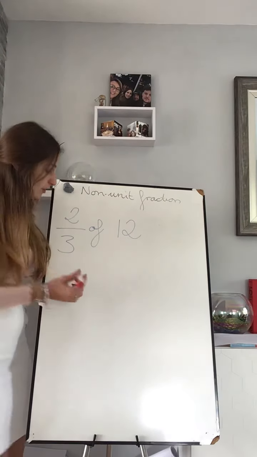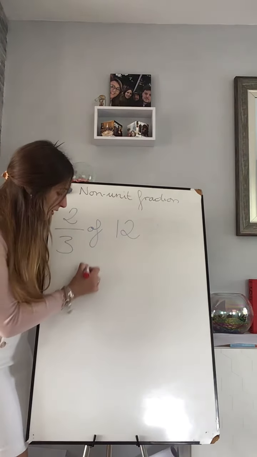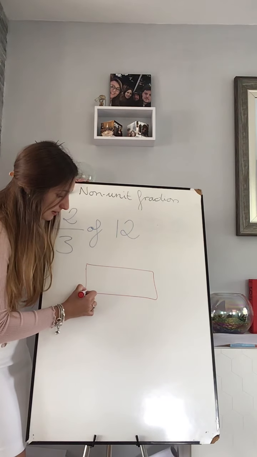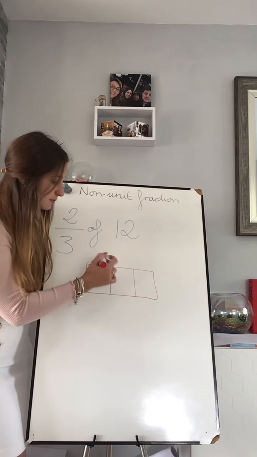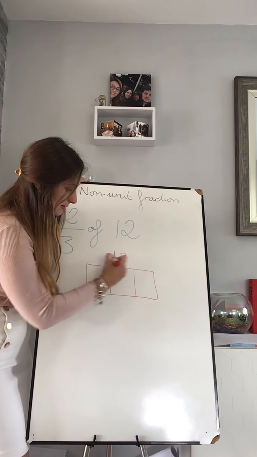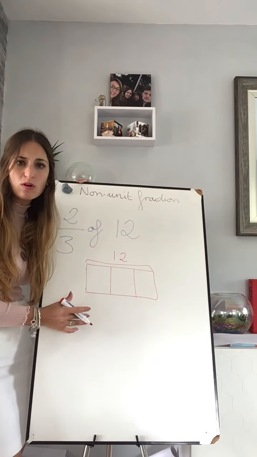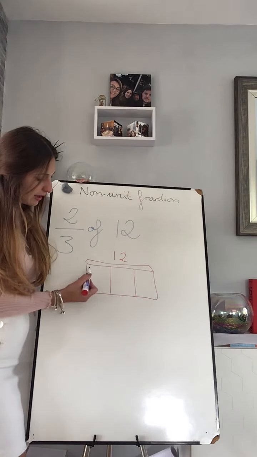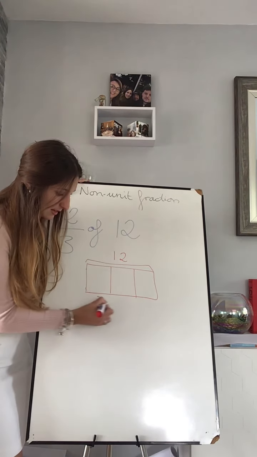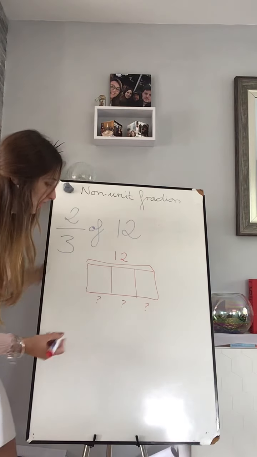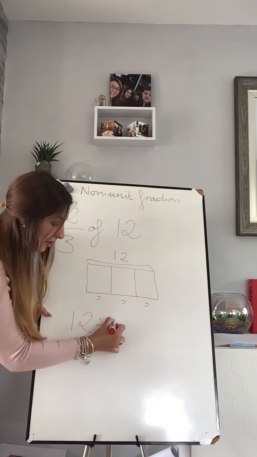Right, so I know that I'm saying 2/3, but what I really know is that I have split a group into 3. I split 12 in this case. I had 12 and I have split it into 3 equal groups. And I'm taking 2. Let's find out first what is 1. What is each one of them? So I can do 12 divided by 3 groups.